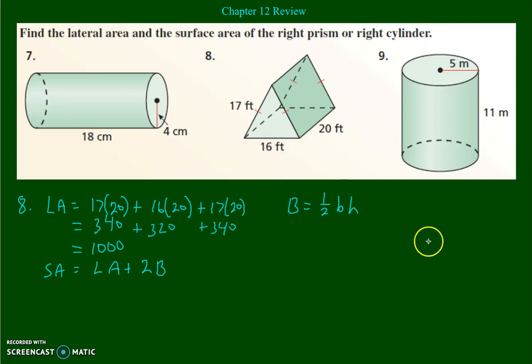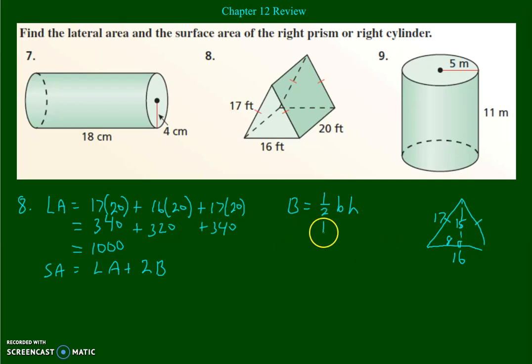Now if we take a look at this triangle, what we have here is an isosceles triangle, this side being 17, this side being 16. Because this is isosceles, this altitude is bisecting the base, so that makes this an 8. And you could go ahead and use the Pythagorean theorem, or you could see that this is one of the more seldom used Pythagorean triples. This is an 8, 15, 17 Pythagorean triple, so this is 15.